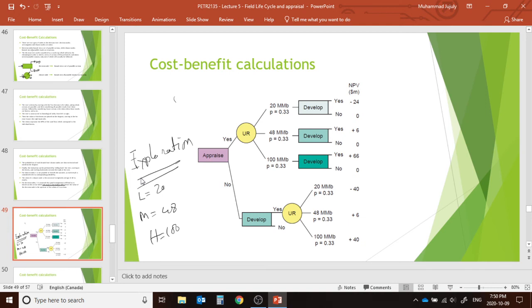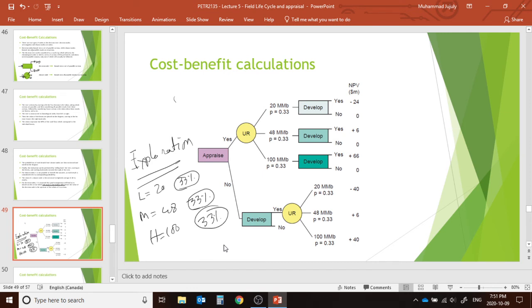Let's calculate. So these are the probabilities we have, and the probabilities are equal. Okay, so if there is an equal probability, that means we have a 33% chance of having low, 33% chance, actually 33.33, something like that, and there is a 33% chance of getting the higher one.